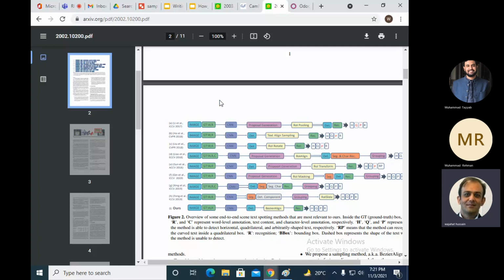So here they have really simplified, like how many papers? 1, 2, 3, 4, 5, 6, 8 latest papers they have compared with there. So this is one way of summarizing related work.